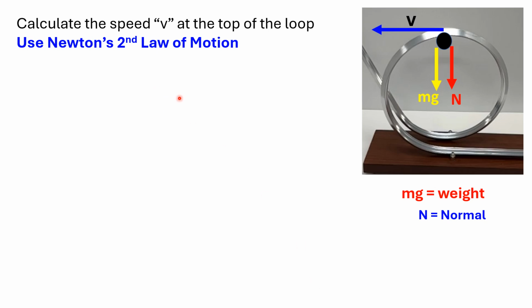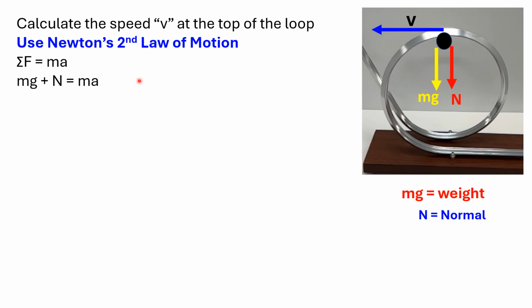Then we use our second step, which is Newton's second law of motion. So as you see in this picture, the free body diagram of the weight of the sphere and the normal or contact force are both downward.